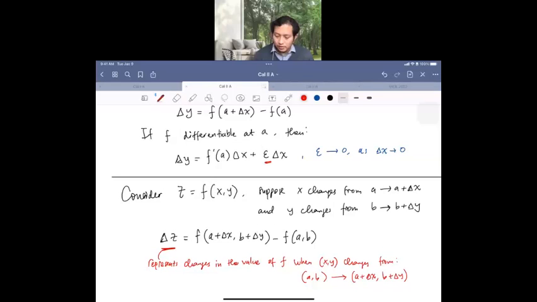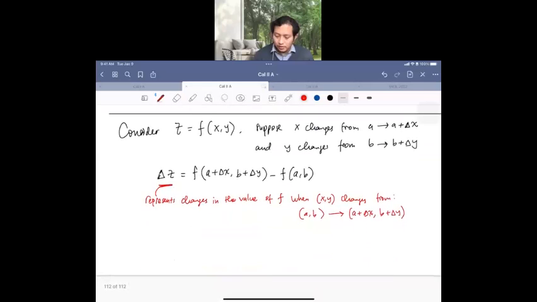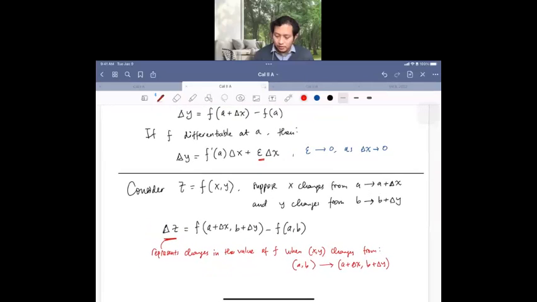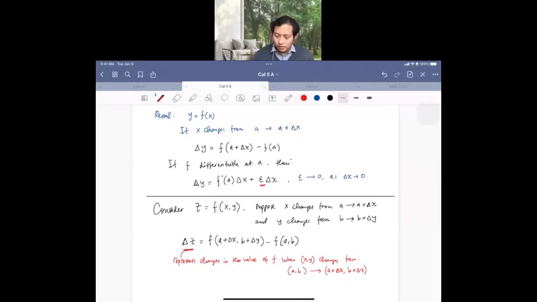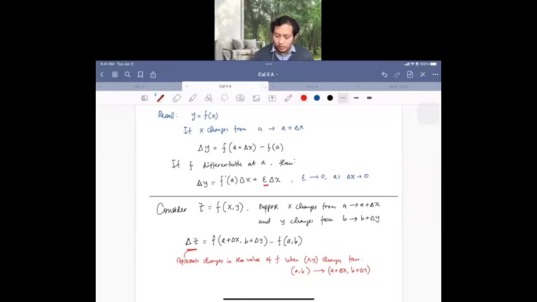And thus from here we can have a good definition. I'll write the definition on the next page. Okay. But you can write notes if you want from here.